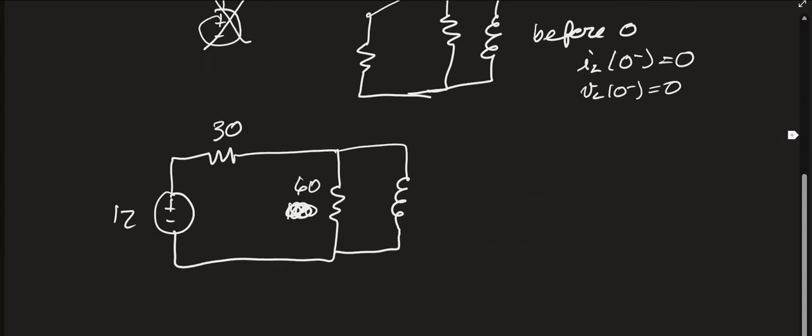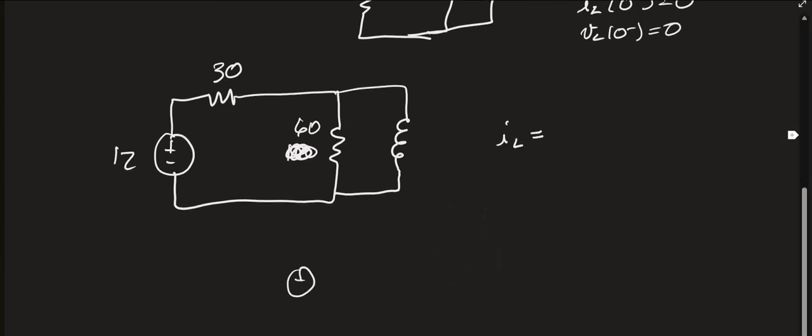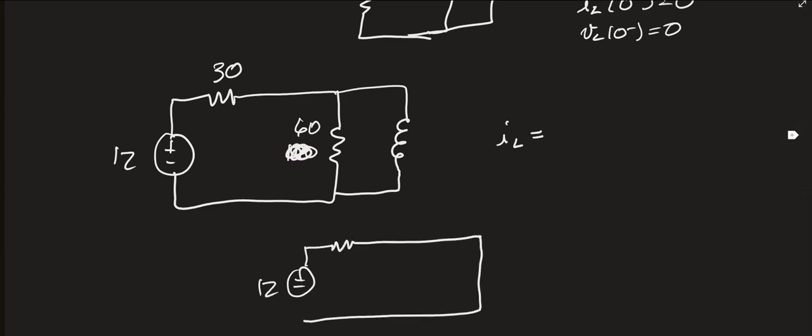Okay, so at infinity, what is the current through that inductor going to be? What's the inductor going to act like at infinity? A wire. So it's going to short out. The voltage will be at 30. Yep. Which is 0.4, if I did that correctly. 0.4 amps.